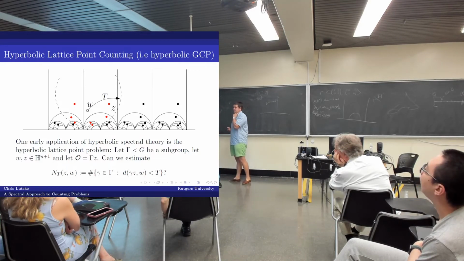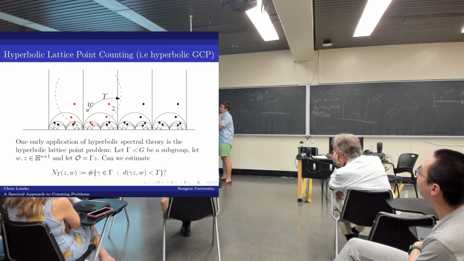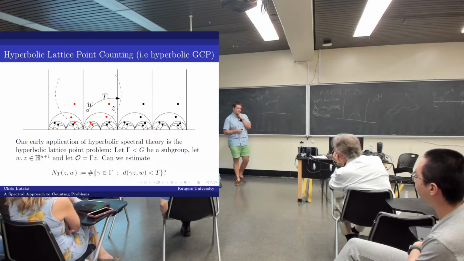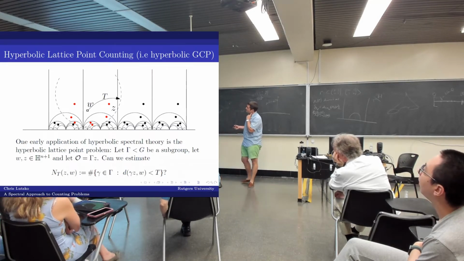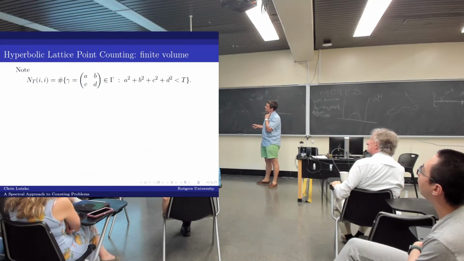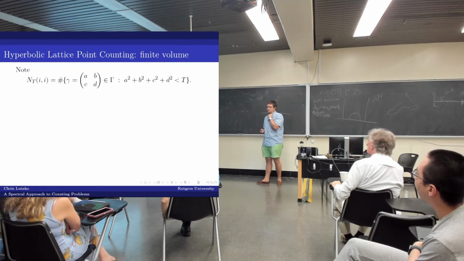Why do we care about this if we're number theorists? Well, if I place my observer and the point which I'm orbiting both at I, then I'm asking how many elements of my group are there, A, B, C, D, such that A squared plus B squared plus C squared plus D squared is less than something.